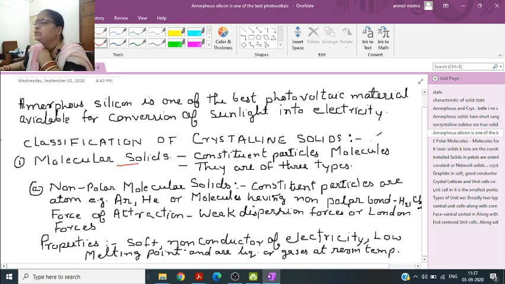The properties of the non-polar molecular solids are that they are soft, non-conductor of electricity, have low melting point, and are liquid or gases at room temperature.